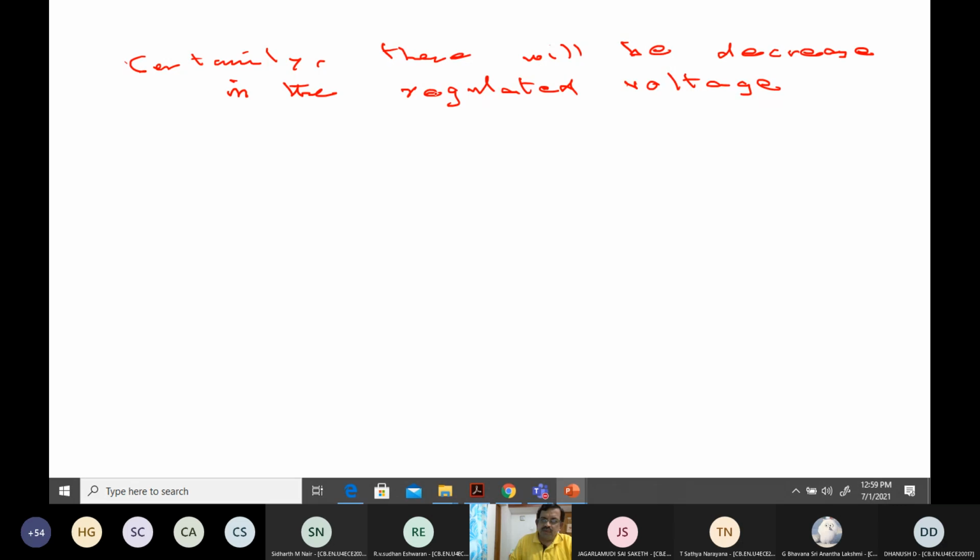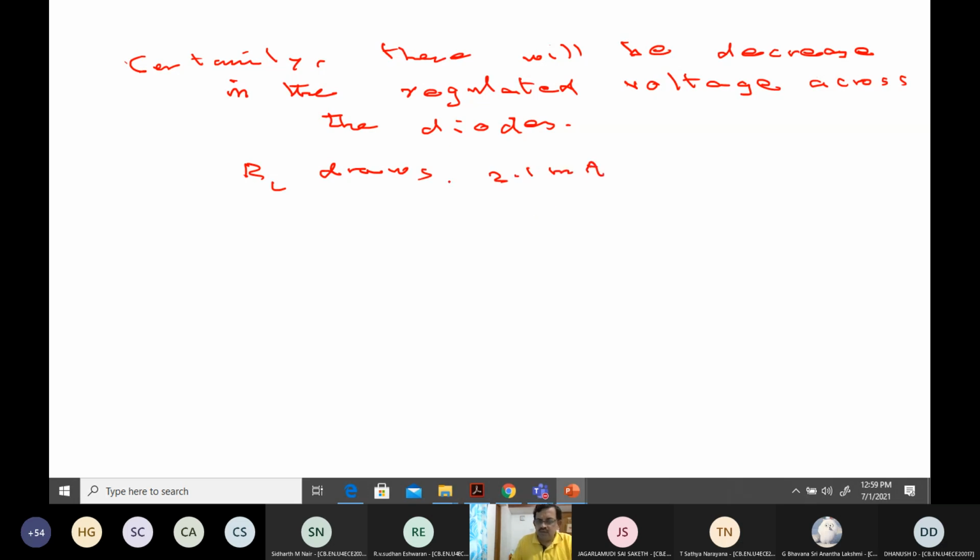Okay, regulated voltage across the diodes. How much will it decrease? Because the load RL draws a current of 2.1 milliampere.